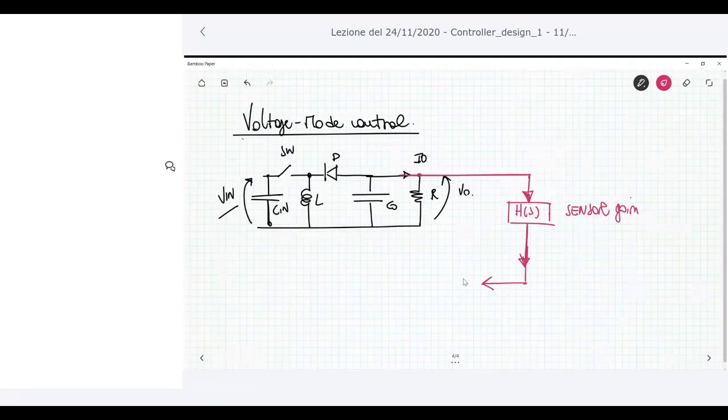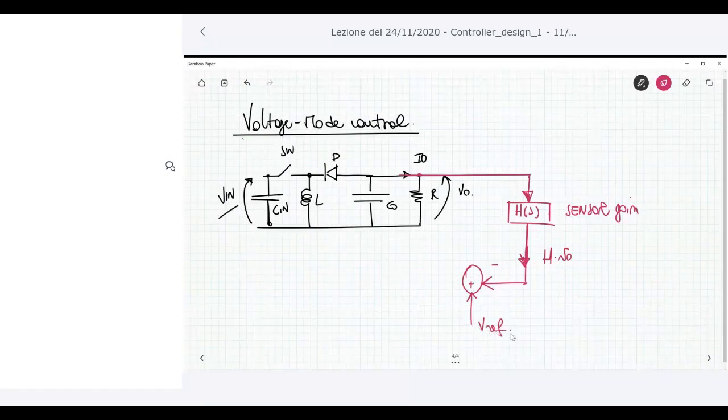But we can look later at these different parts. Now let me describe the behavior in terms of blocks, schematics. Then you have a comparison. I compare here what comes out from the sensor, so H V0, to a reference voltage.